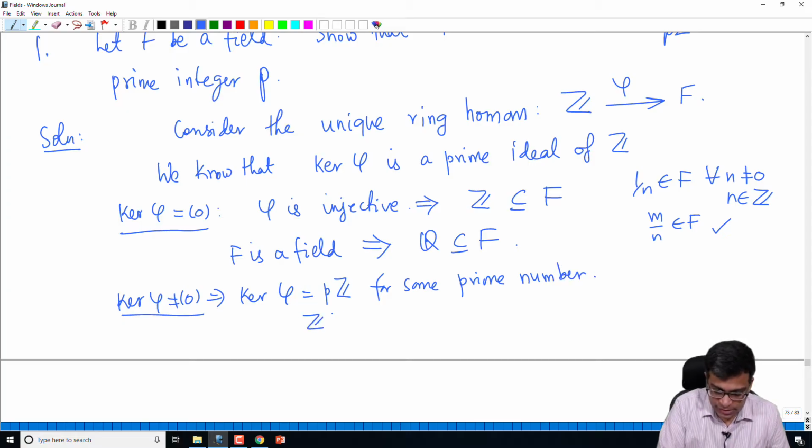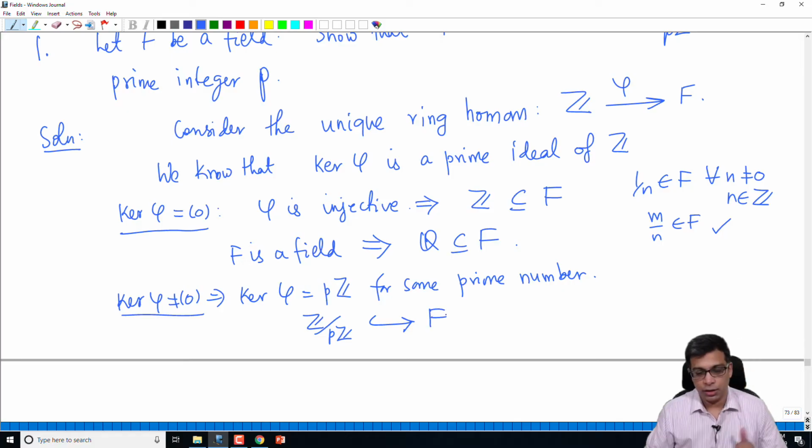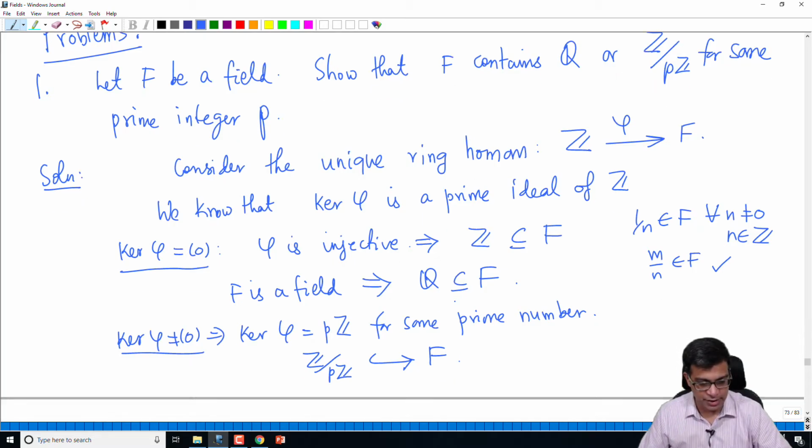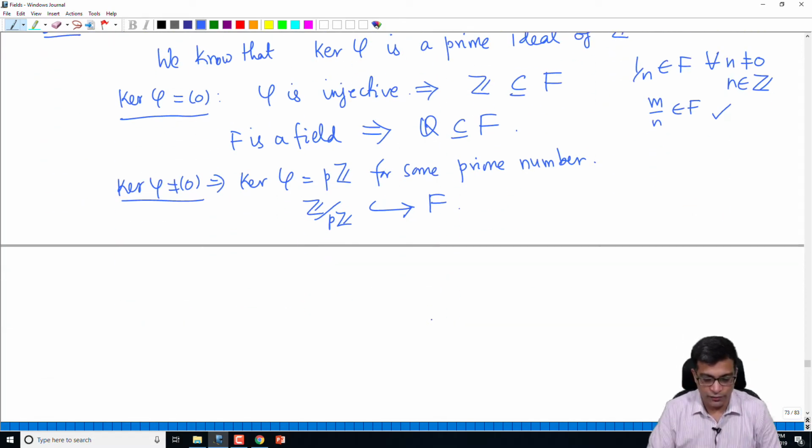In this case, Z mod Pz is contained in F. By the first isomorphism theorem, Z mod kernel is isomorphic to its image, so Z mod Pz is contained in F. So F contains Q in case 1 and F contains Z mod Pz in case 2. That finishes the solution.